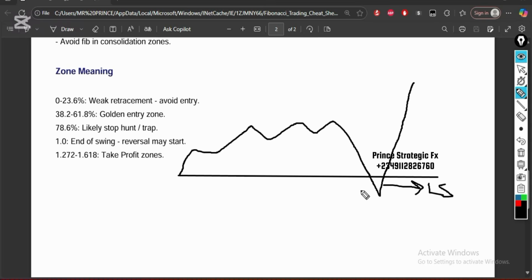For price action traders, I call this a stop hunt. You understand? Why?